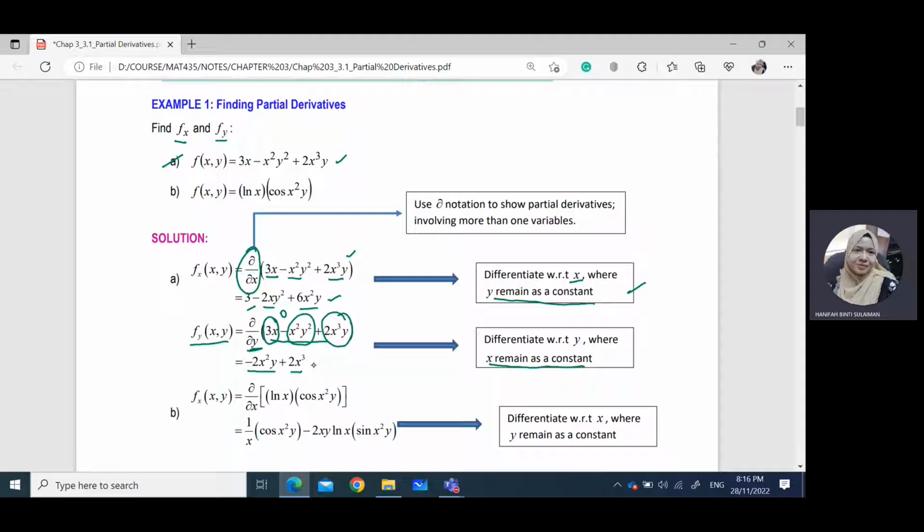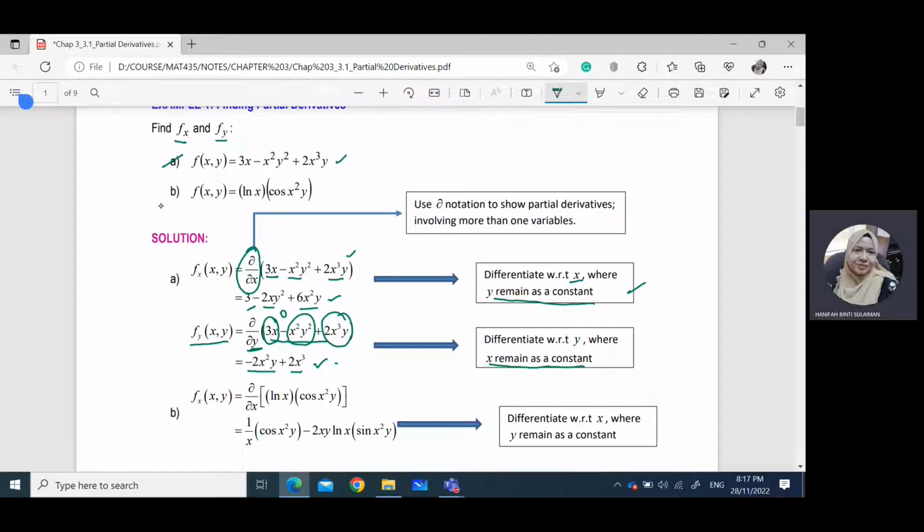Okay, so therefore, the partial derivative with respect to y of the given function, 3x minus x squared y squared plus 2x cubed y, is equivalent to negative 2x squared y plus 2x to the power of 3.